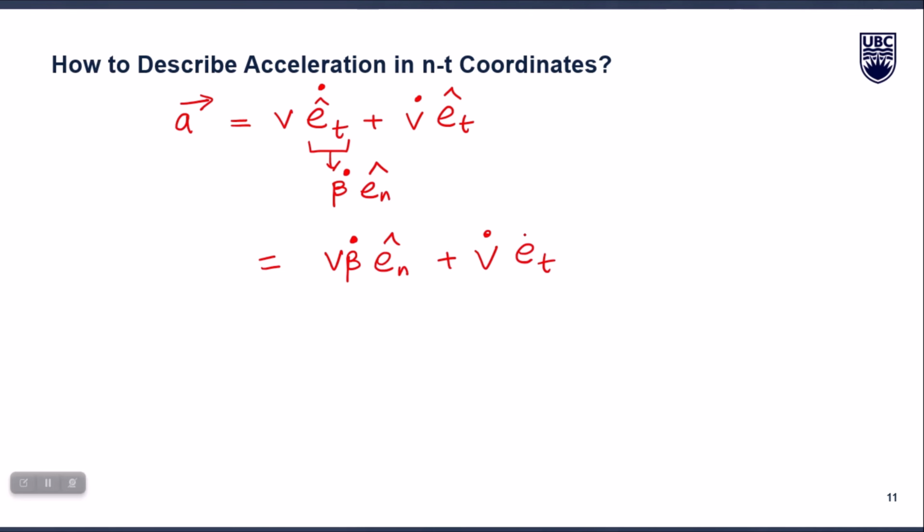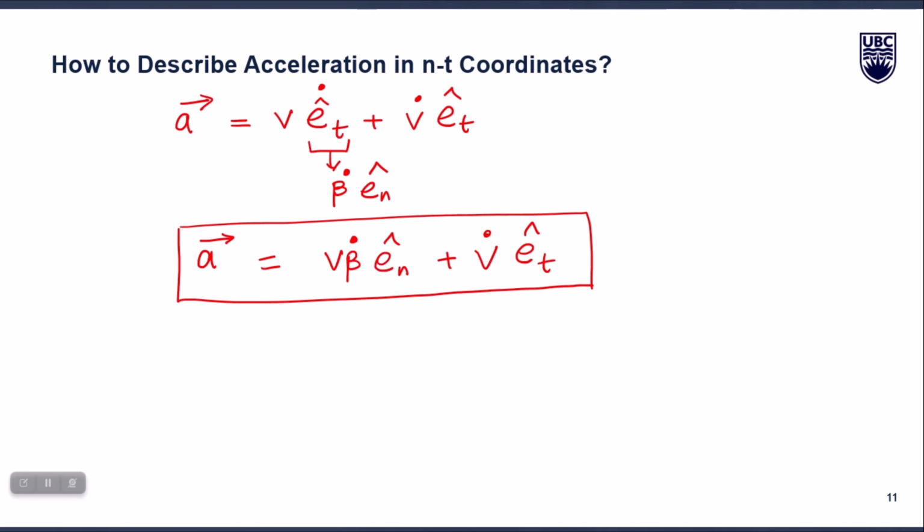Now this form of acceleration is telling us that we have described acceleration as a sum of two components. One component is along t and one is along n. So now this is my final acceleration equation. It is in the form of something times e sub n plus something times e sub t, right?